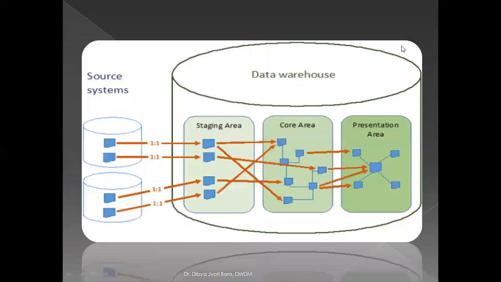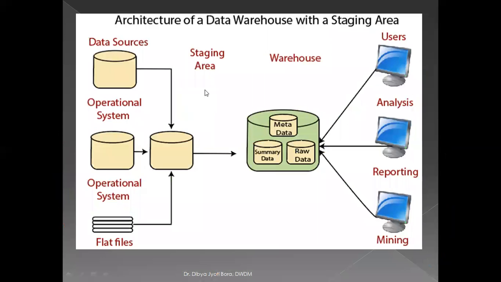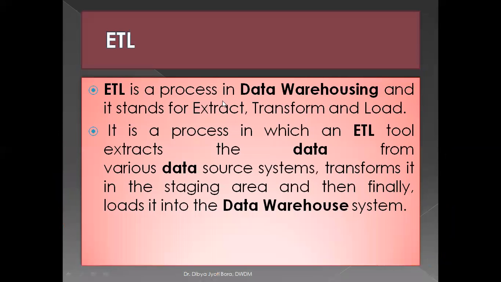Okay, now let's see one more diagram for this. Staging area, core area, presentation area. Okay, so there are different diagrams, but they are representing the same thing. Now, as I have already explained what the ETL process is, let's see the textual definition for that.